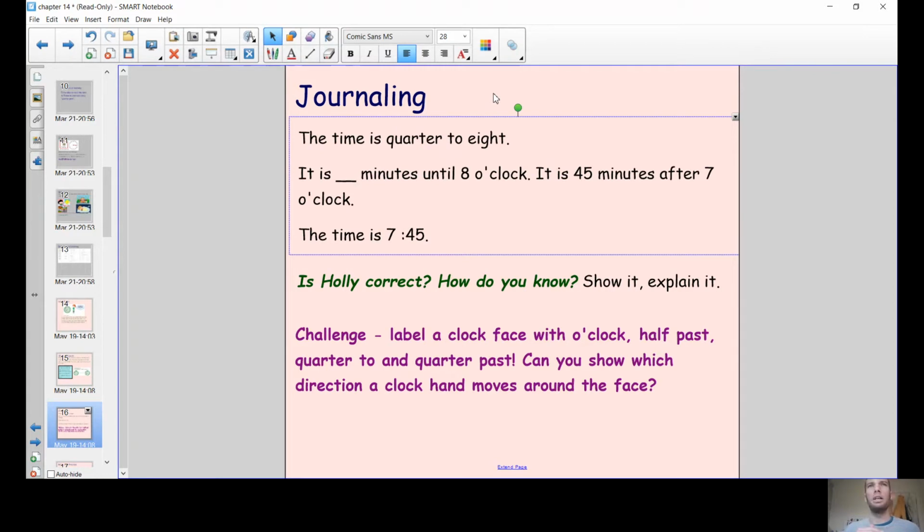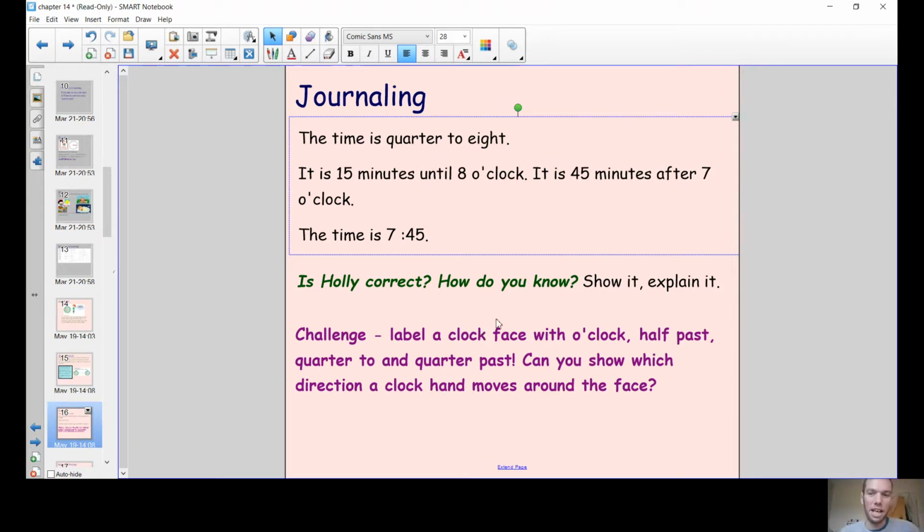We were on the 9. We had to go 10, 11, 12. And we know that each number is worth 5 minutes. So we need to count up 3 lots of 5. 3 times 5: 5, 10, 15. So it is 15 minutes until 8 o'clock.